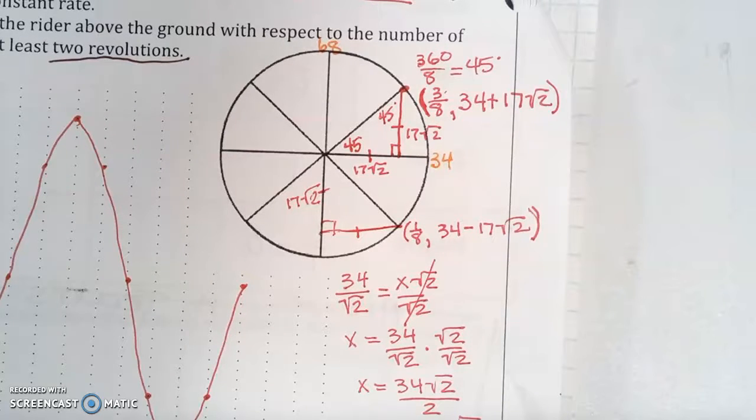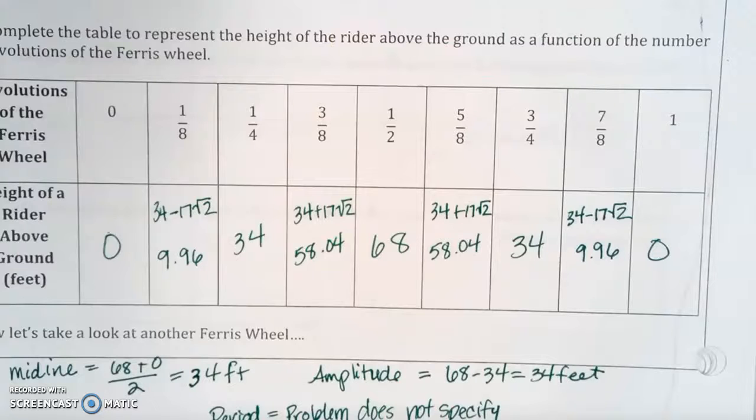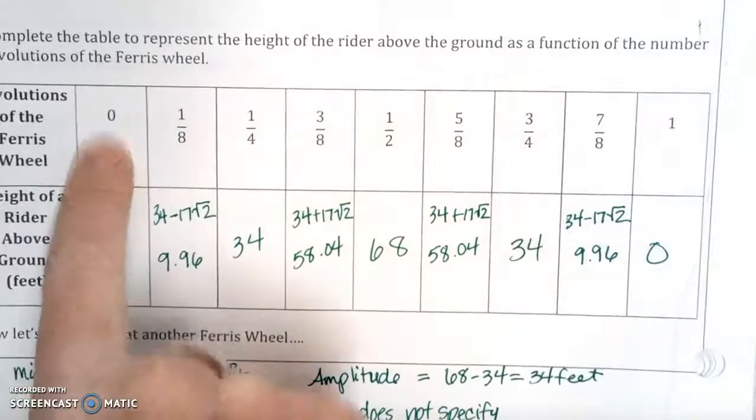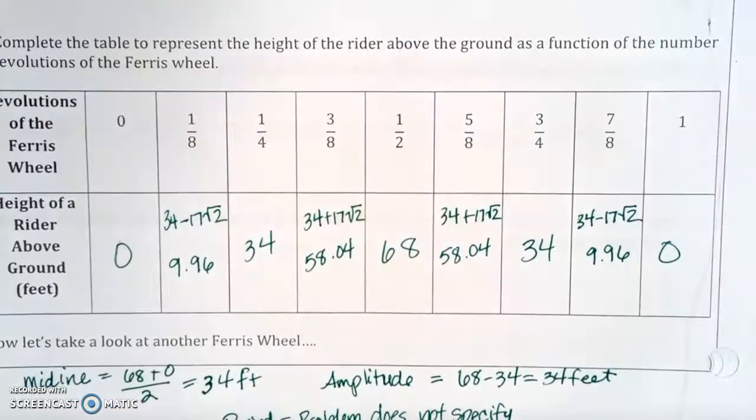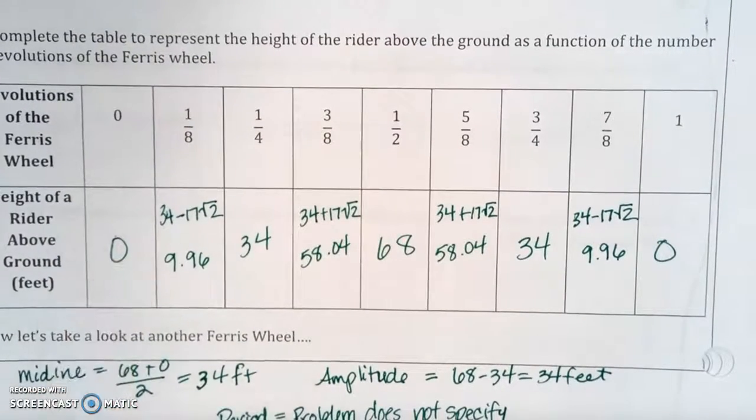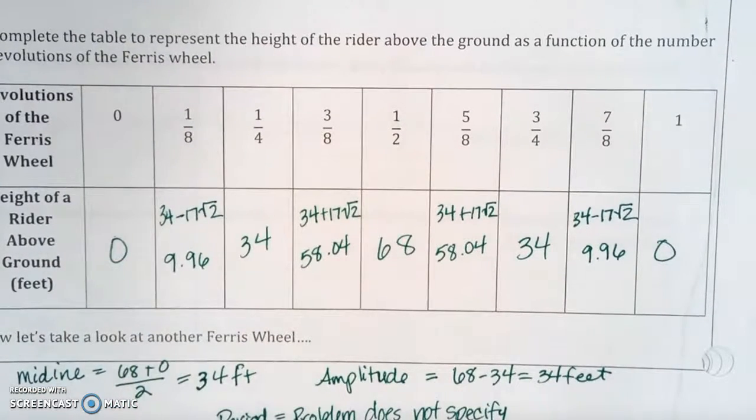Now represent the height of the rider above the ground as a function of the number of revolutions of the Ferris wheel. All right, so as the Ferris wheel is rotating, 0 is obviously the starting. You're 0 feet above the ground because this one doesn't have any clearance, okay?